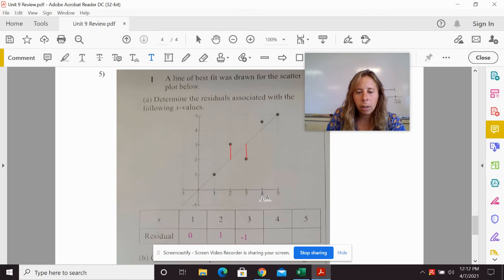Sorry, when x equals 4, my line crosses at 4, okay, and my point, 5's up here, so that's like 4.5. So I'm going to say my residual is 1/2. So you can put 1/2 or you can put 0.5, whatever makes you happier.